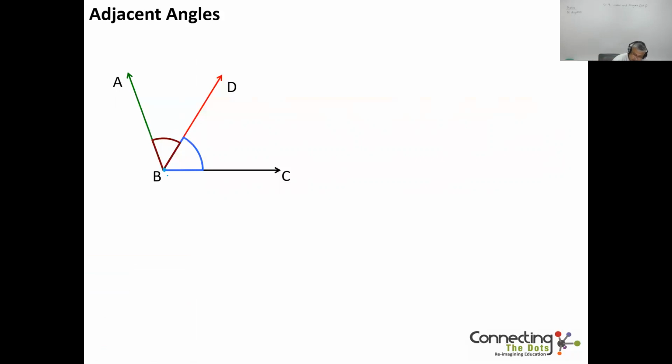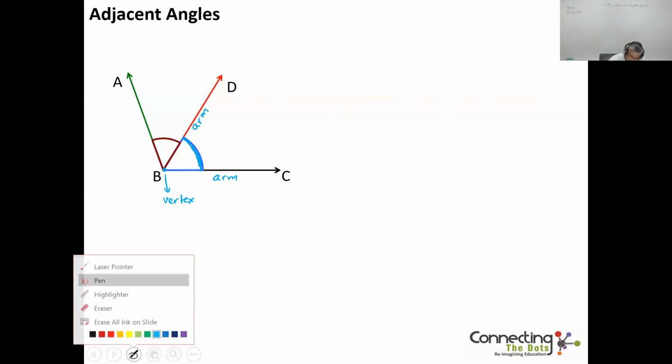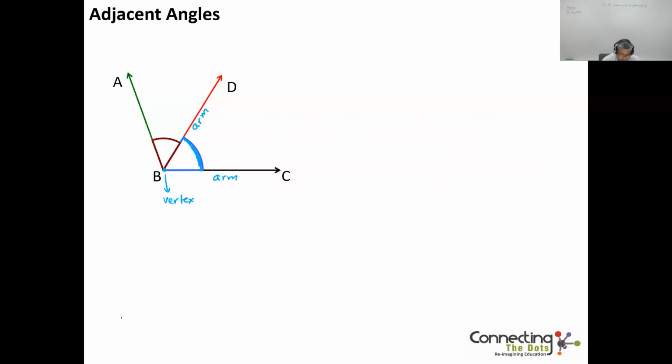So this is the vertex, correct? This is the arm and this is the arm. And this is the angle, right? And let's look at the maroon one. So for maroon, this is the vertex. This is the arm. And this is another arm.